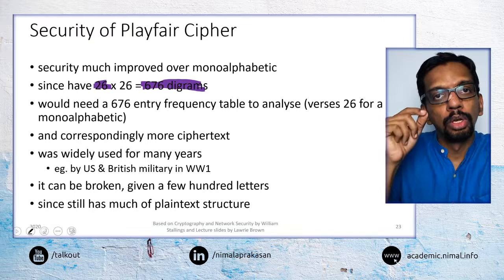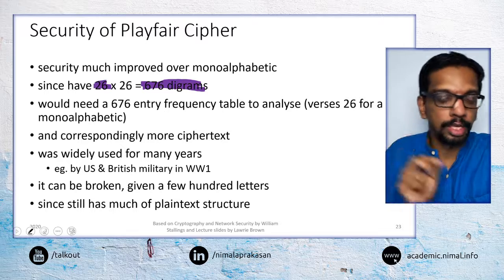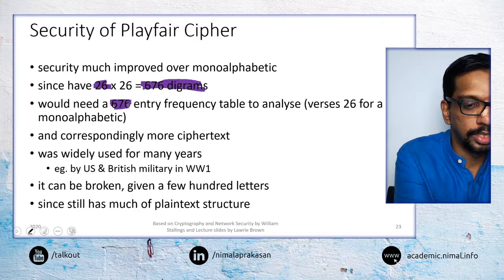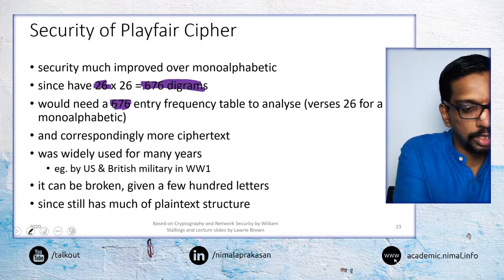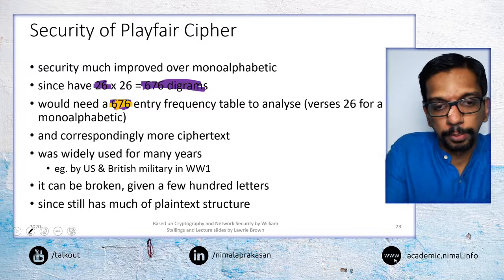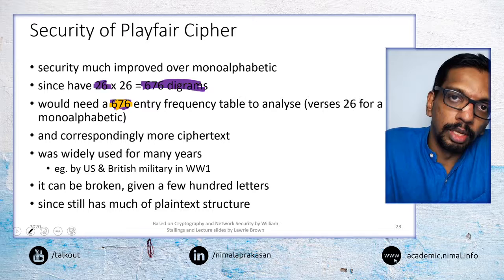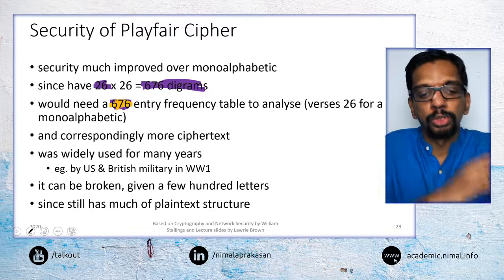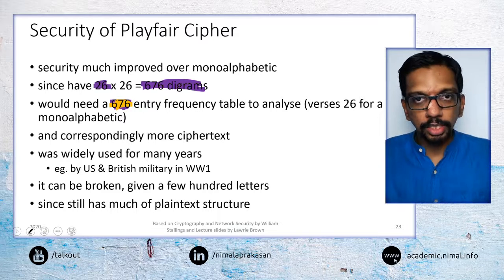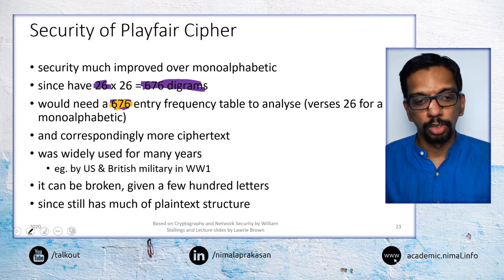We have to do frequency analysis for 676 pairs. So there can be 676 different pairs. That is what we need to do in terms of frequency analysis. Then if we have corresponding ciphertext also, the complexity of guessing the ciphertext would be much more complicated.